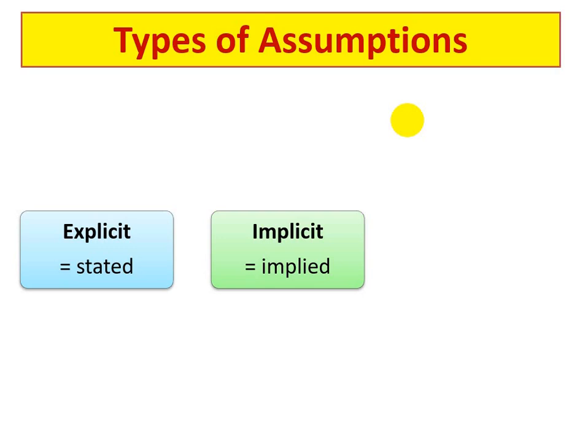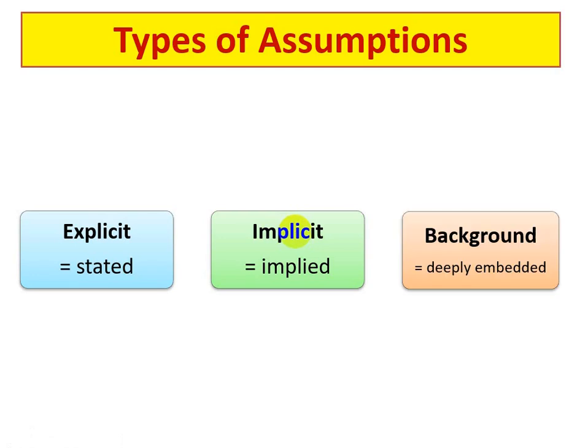So the first one is the explicit or clear assumption, which is stated by the author or the source, and the implicit assumptions, which are implied between the lines. We have also something else called the background assumptions.